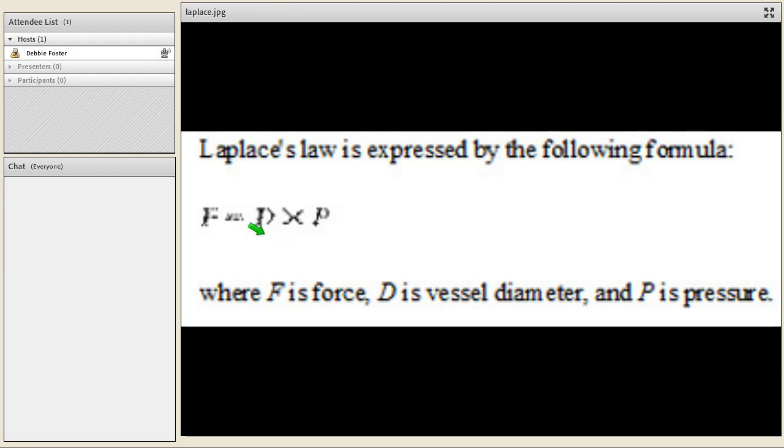Diameter and pressure are very tightly regulated. A smaller diameter is going to give you more pressure at the same force. So they have an inverse relationship: if you're maintaining the same force of flow and you've dilated the vessel, you have an increased diameter and you're going to drop the pressure.